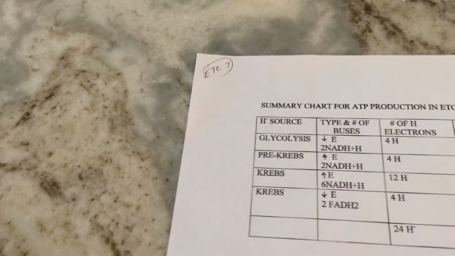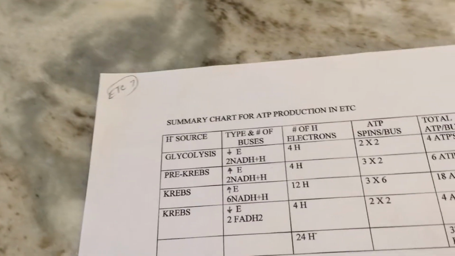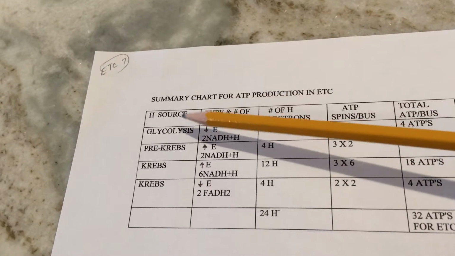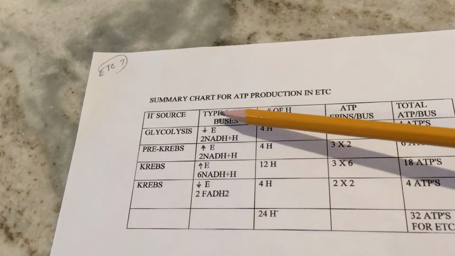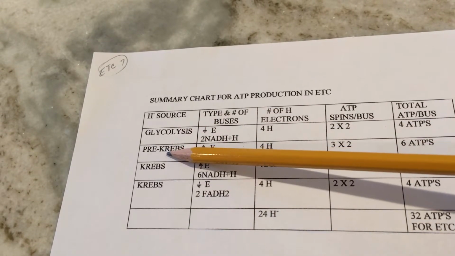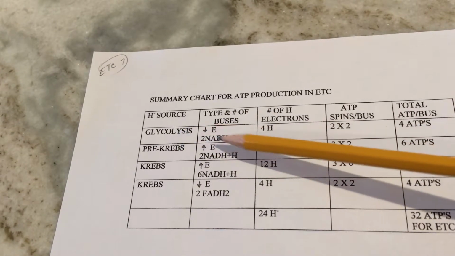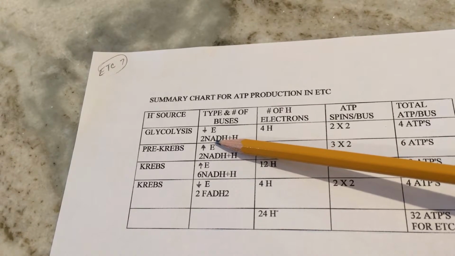So we have a summary chart of ATPs that are produced in ETC. Glycolysis, pre-Krebs, Krebs. These are our sources of hydrogens. These are our types of buses. Glycolysis produces 2 low-energy NADH plus H buses.